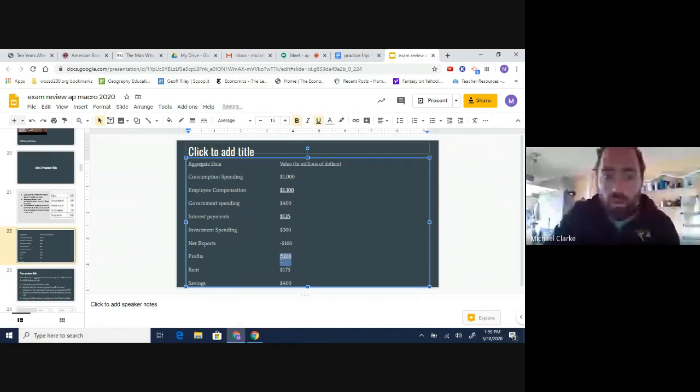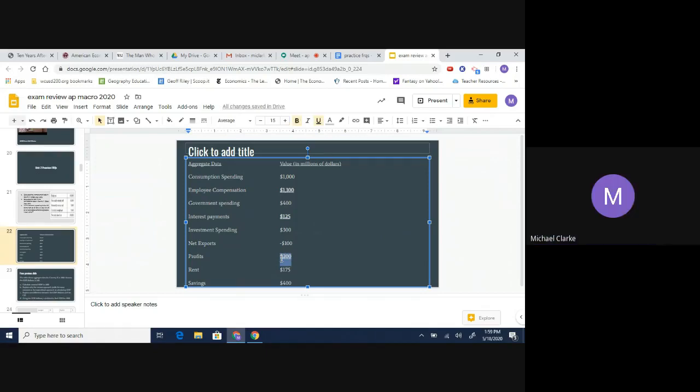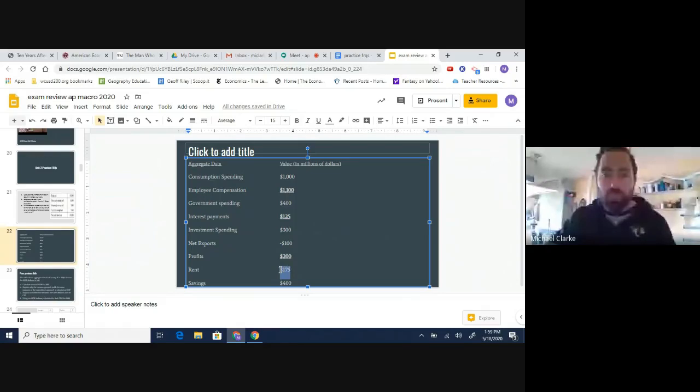That's income. It's your rent. If you're a landlord renting apartments to people, the rent you're getting is your income. So if you were to add these, 1,100 plus 125 plus 200, that would be 1,425, plus 175, that would be $1,600.